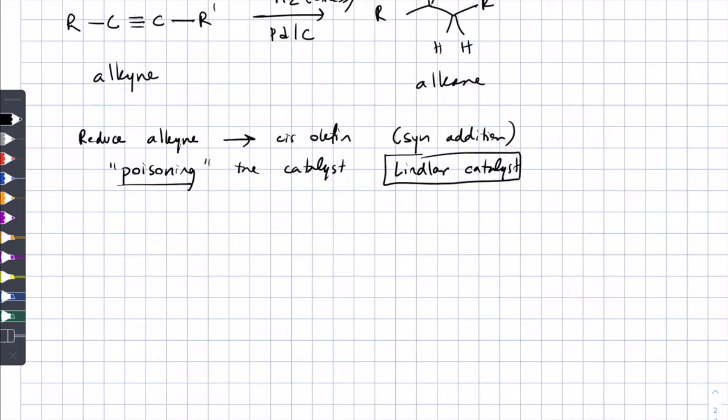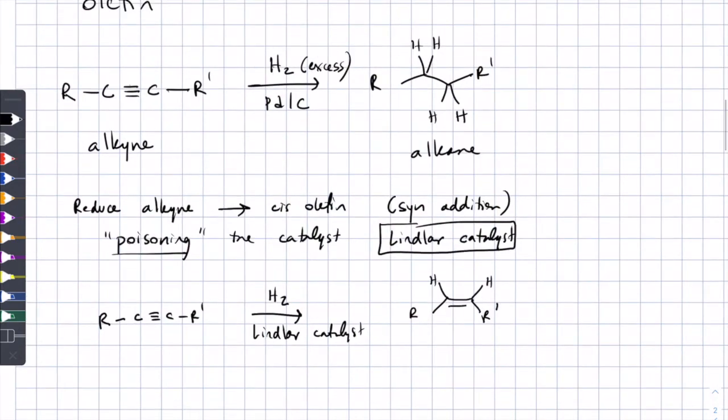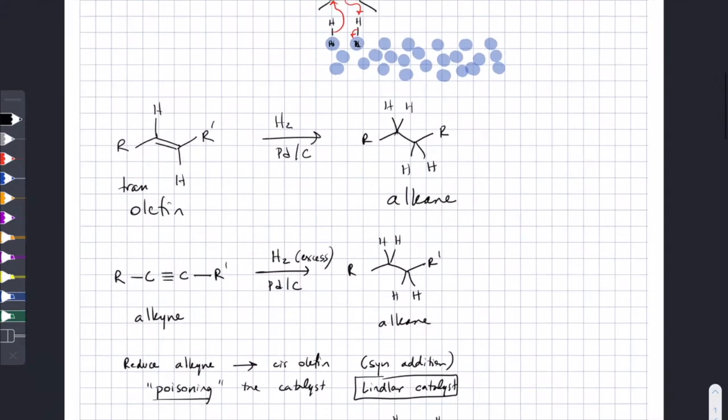You can think of it as a proprietary catalyst that catalyzes this reaction and allows you to stop at the cis olefin. So if we used an alkyne like this, we used hydrogen again, but instead of using palladium on carbon, we used the Lindlar catalyst. That would get us to the cis olefin, again because it involves this addition happening at a surface and from the same side of the alkyne.